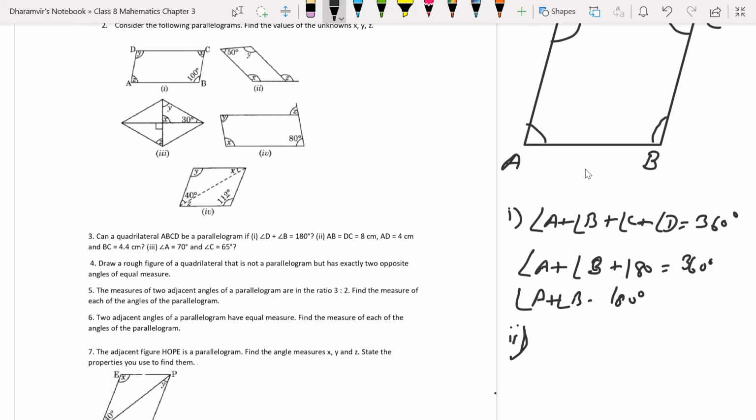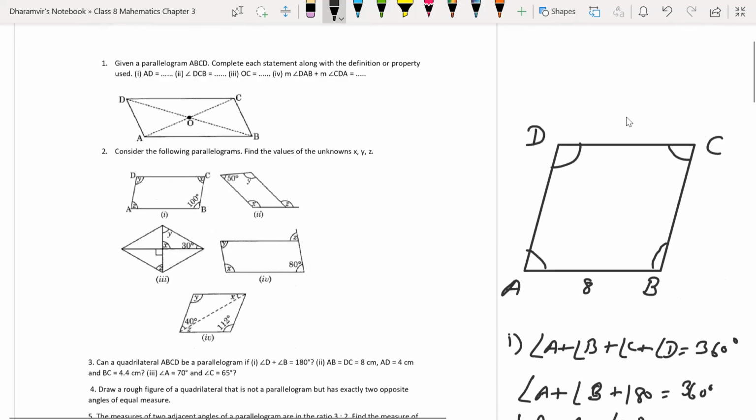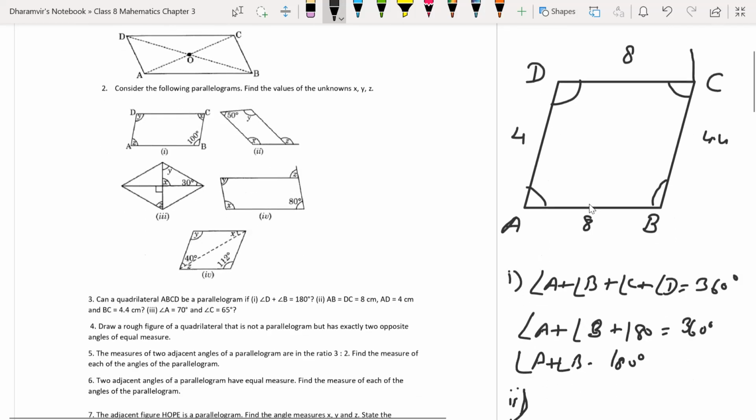Now the second part states that AB is equal to 8 centimeter, DC is equal to 8 centimeter, AD is equal to 4 centimeter, BC is equal to 4.4 centimeter. So can we state that this quadrilateral is a parallelogram?